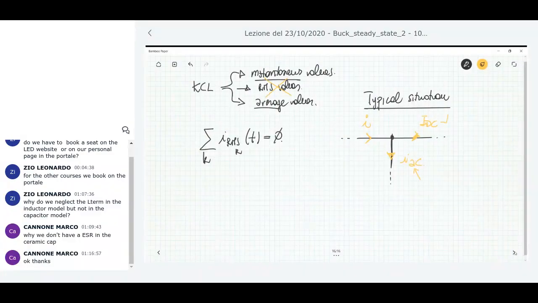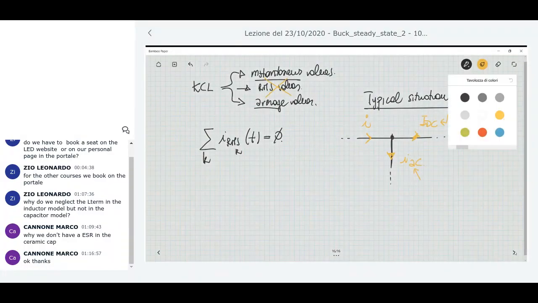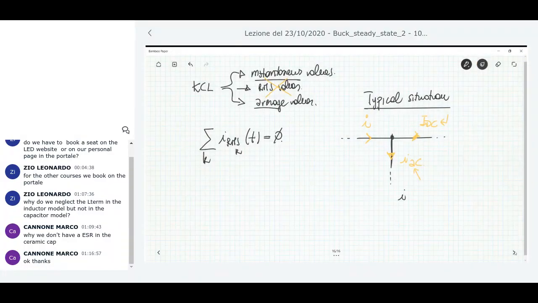Of course, by the instantaneous Kirchhoff current law at this node, you can have the instantaneous expression like what I said here. So I is IDC plus IAC. This is simply possible to write.